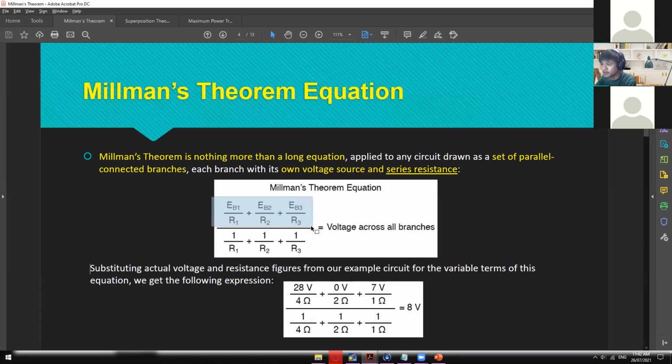If you take a look at this one, it's like having the summation of the voltages divided by the summation of the 1 over resistances. So 1 over R1 plus 1 over R2 plus 1 over R3. We have these three voltages and the three resistances.